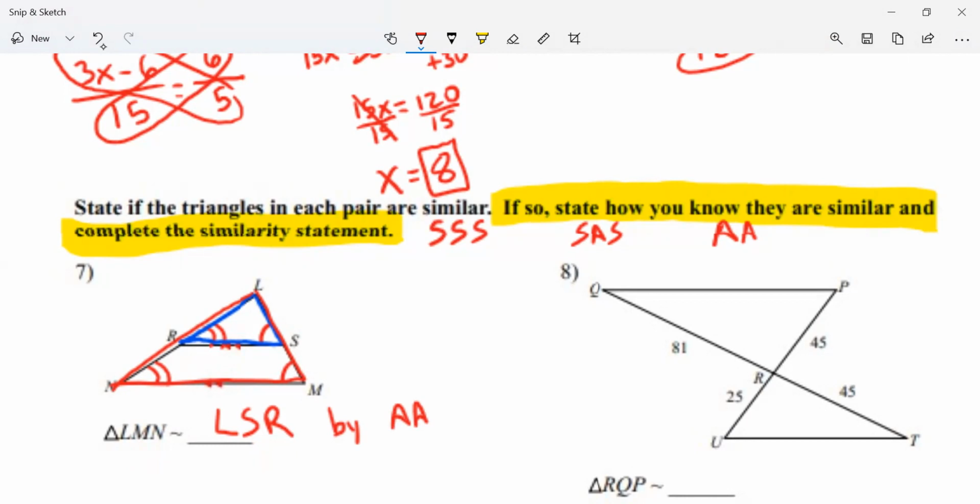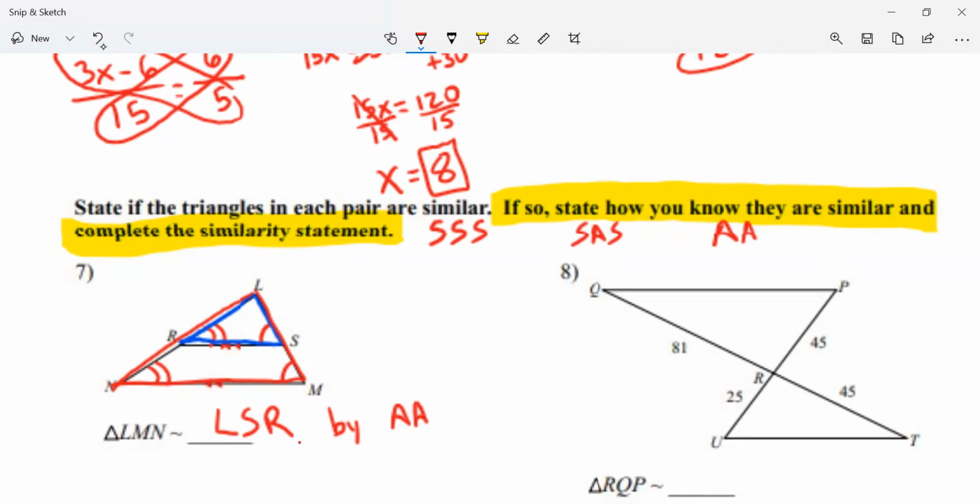Big emphasis on how we type the answer. The three letters, the LSR, have to be capitalized. The rule, angle, angle, has to be capitalized. The word by in between doesn't have to be capitalized. Don't forget, it sounds silly, but I've seen it so many times: only one space in between words.